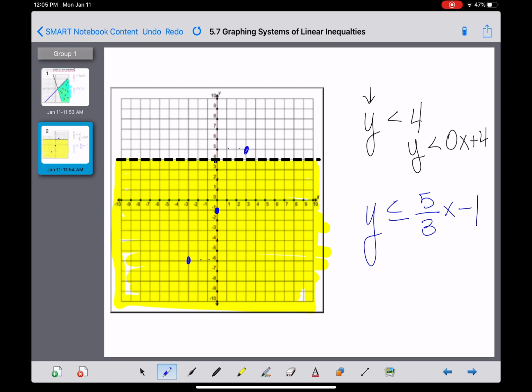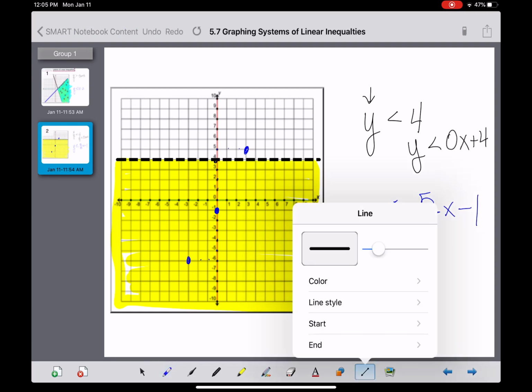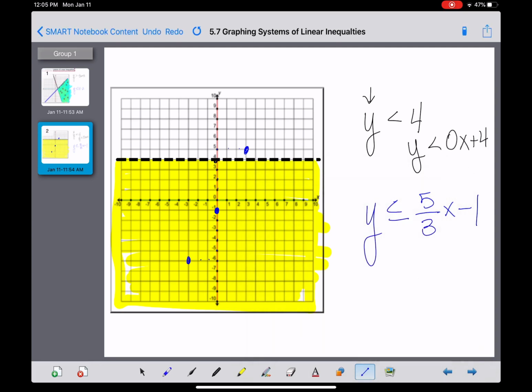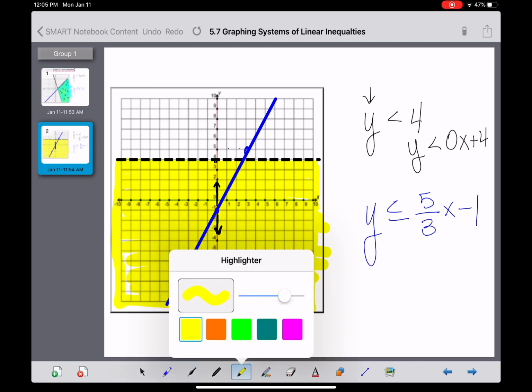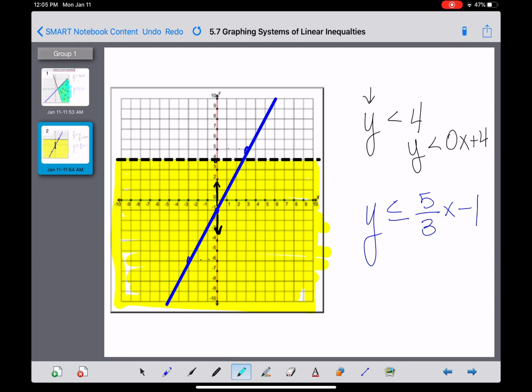So now I need to decide solid or dashed. Because of the equal to symbol, this is going to be a solid line. And then now I have to shade. So I have my numbers above and my numbers below. Because it is less than, I'm going to shade everywhere underneath my blue line.